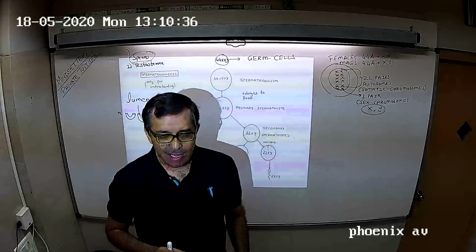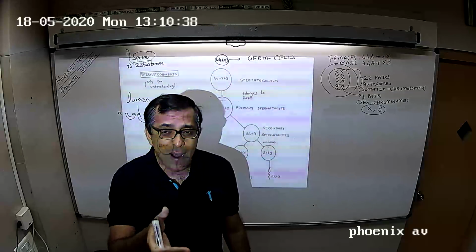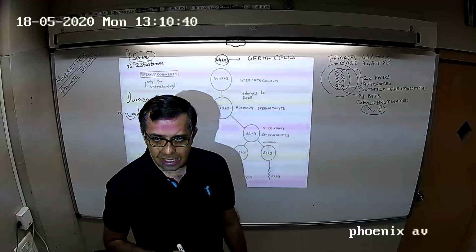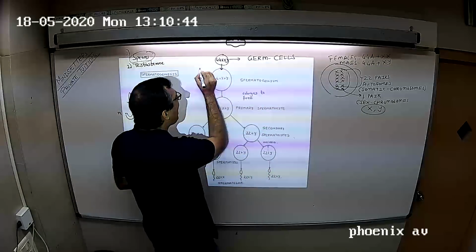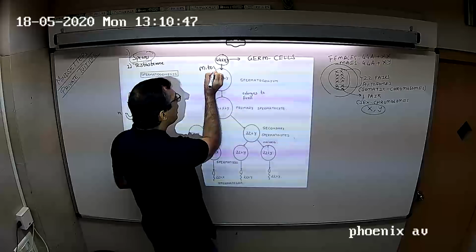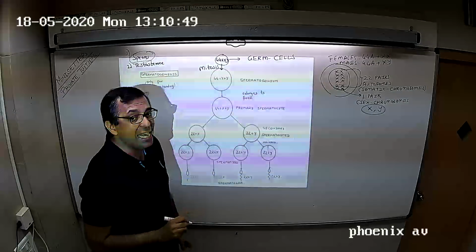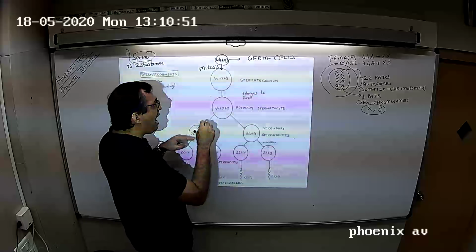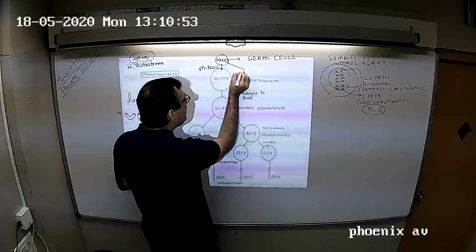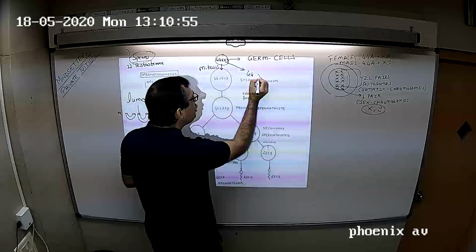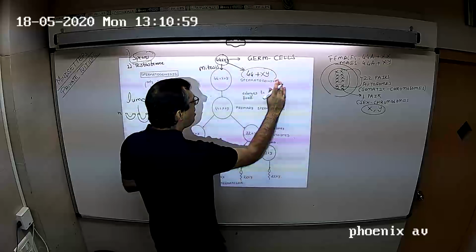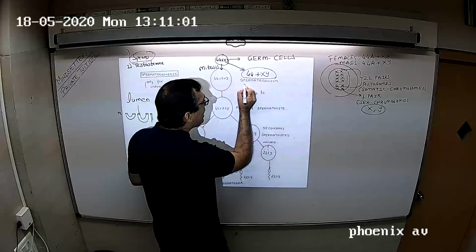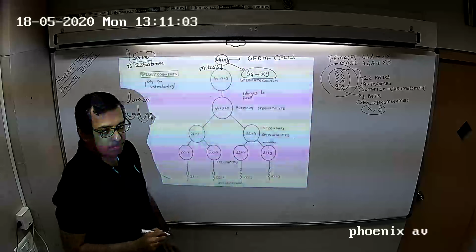At puberty, at the age of 12 to 14 years, these germ cells undergo a type of cell division called mitosis. And by mitosis, it divides to form two cells which are called spermatogonia.